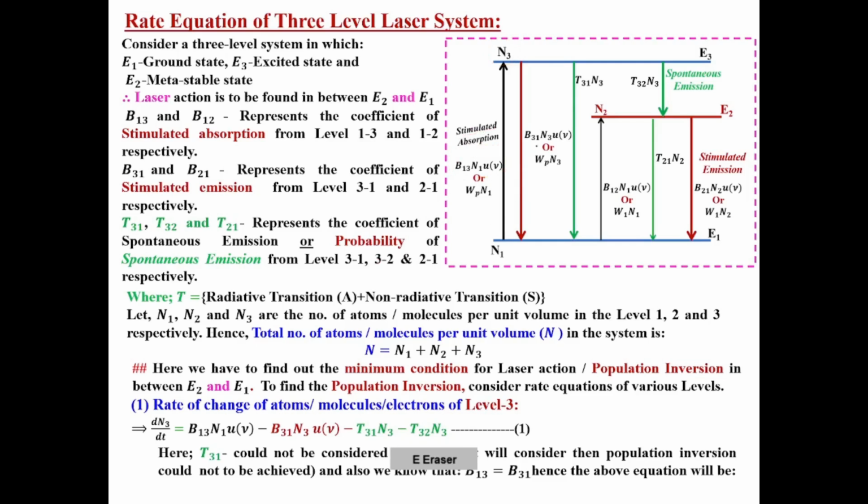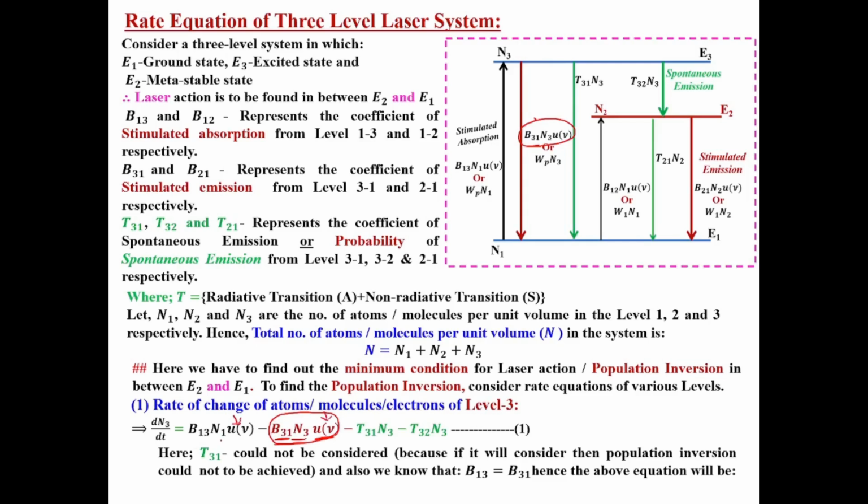Next, stimulated emission. The rate of stimulated emission from E3 to E1 will be equal to B31 N3 U mu. We already discussed in our previous classes that for the stimulated case, we need this energy density term.